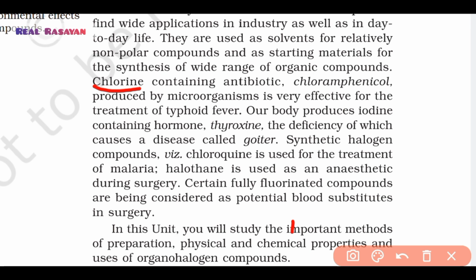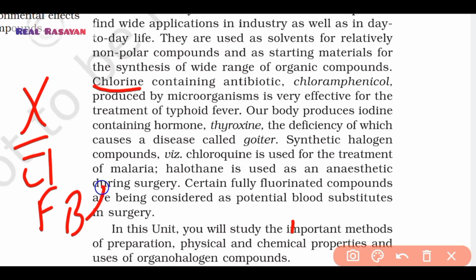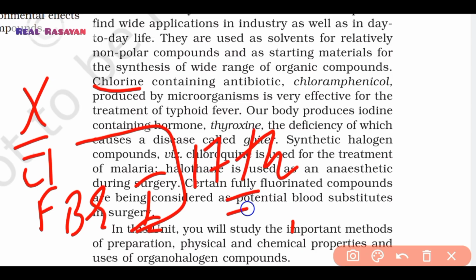Now chlorine is a halogen here, that can be represented by X generally. It can be fluorine, chlorine, bromine and iodine, and these elements are from the 17th group of the periodic table.